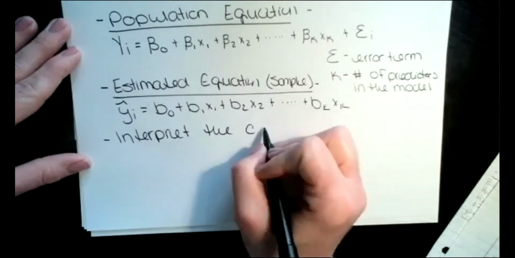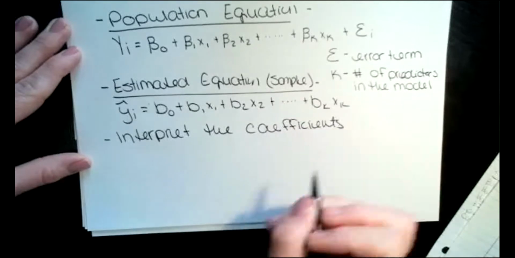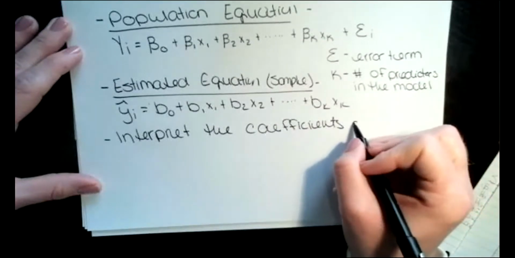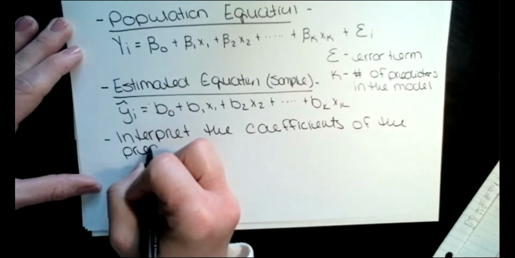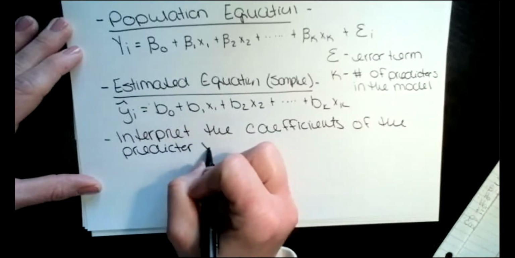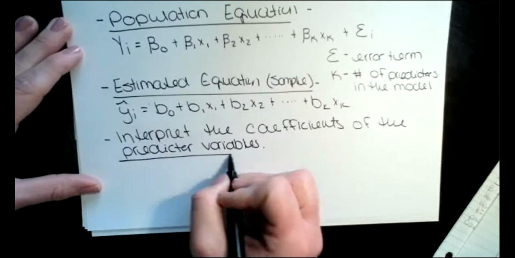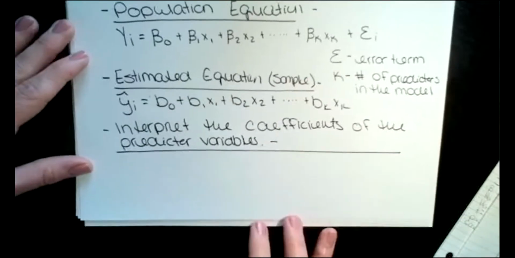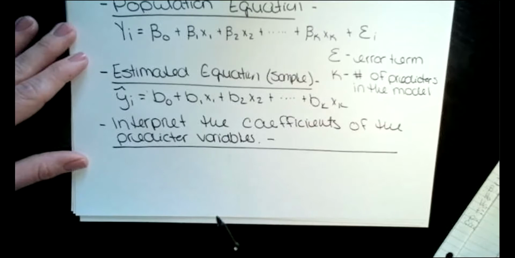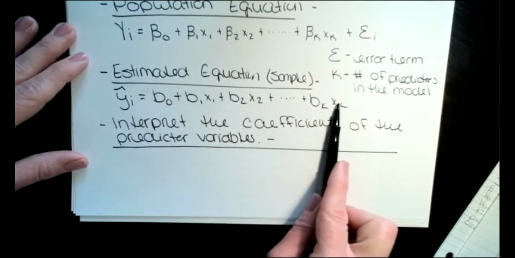So we're going to interpret the coefficient of the predictor variables. We're going to interpret each one individually, but we're going to say holding all the others constant.